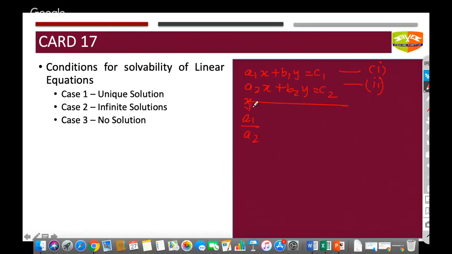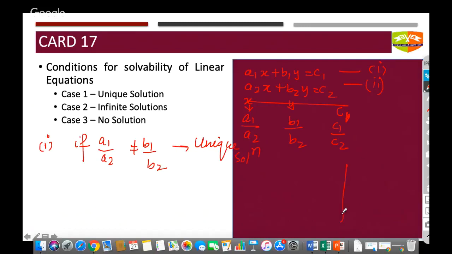For x, the ratio of coefficients would be a1 by a2, for y the ratio of coefficients is b1 by b2, and for the constant it is c1 by c2. Now there are three possibilities. If a1 by a2 is not equal to b1 by b2, then you will get a unique solution.